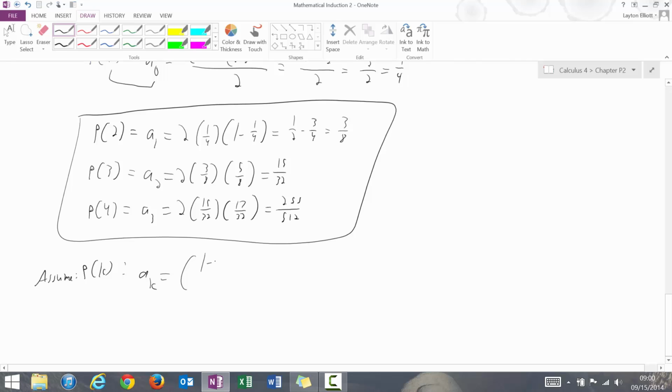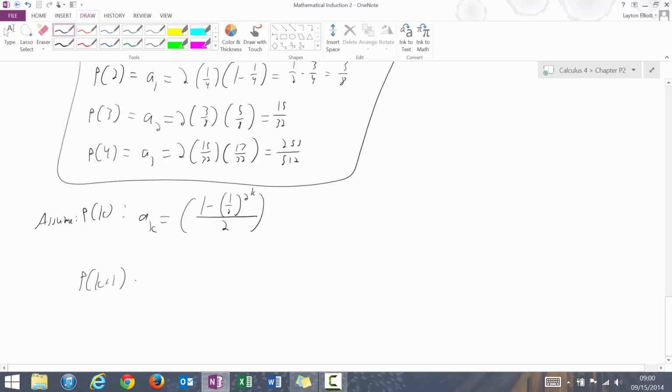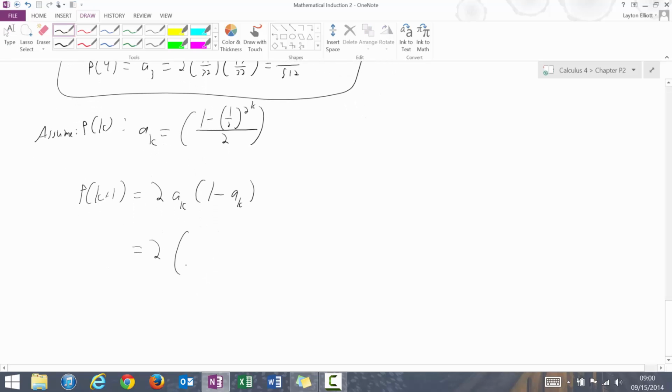That means a of k is equal to 1 minus 1/2 to the 2 to the k over 2. And then my p of k plus 1 is to say, well, in the recursive formula, that would be 2 times a of k times 1 minus a of k. Substituting, that's 2 times 1 minus 1/2 to the 2 to the k over 2, and then 1 minus 1 minus 1/2 to the 2 to the k over 2.